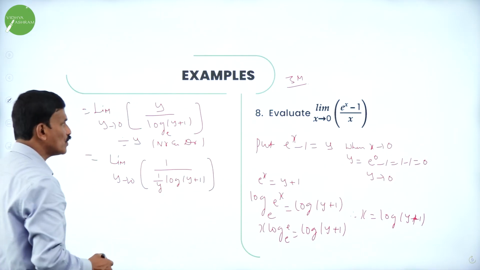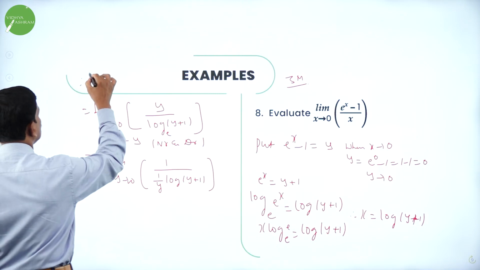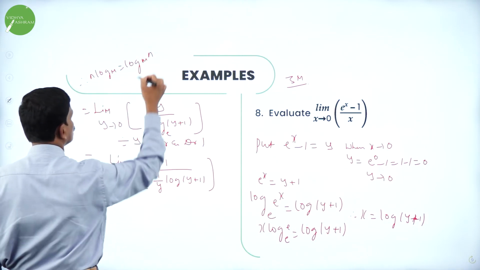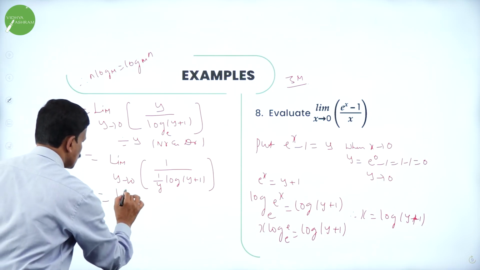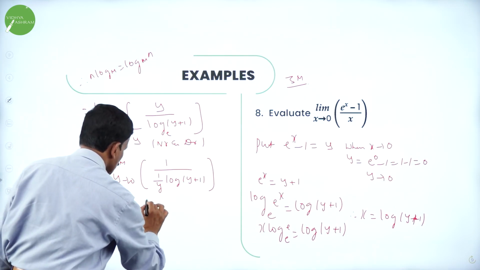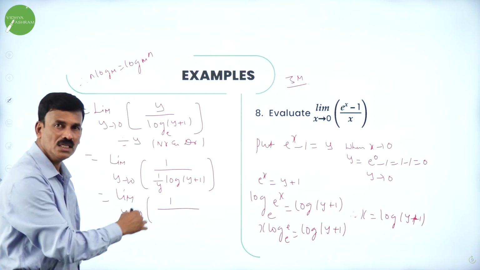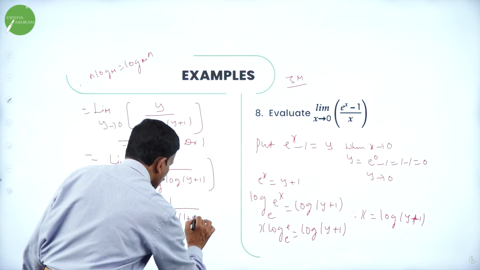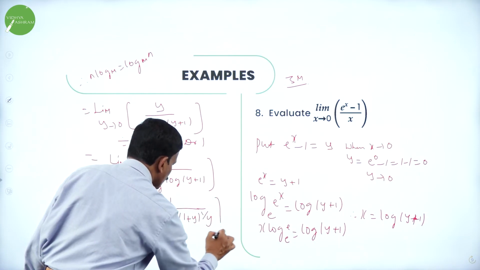Now, you know one formula: n log m is also equal to logarithm of m to the power of n. This can be written as limit y tends to 0 of 1 over logarithm of 1 plus y to the power of 1 by y.